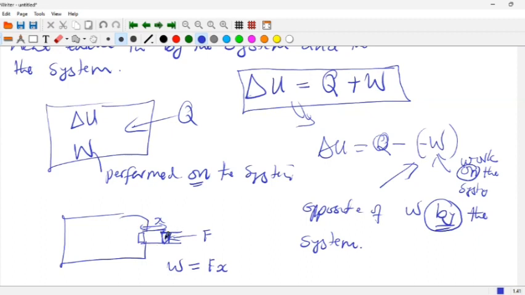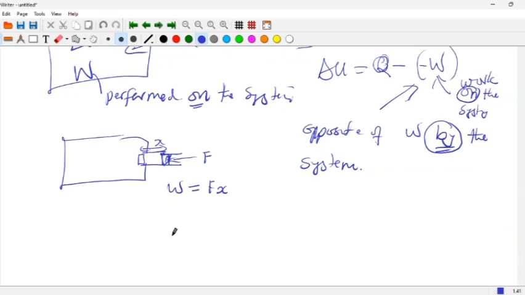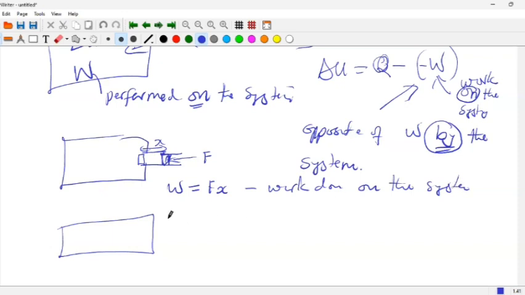So this is work done on the system. This is different from a scenario where we have this movable piston on the other side, and the system is actually pushing it. Let us have the system expanding, and as it expands, it applies force on this, such that the piston moves from here to somewhere here.